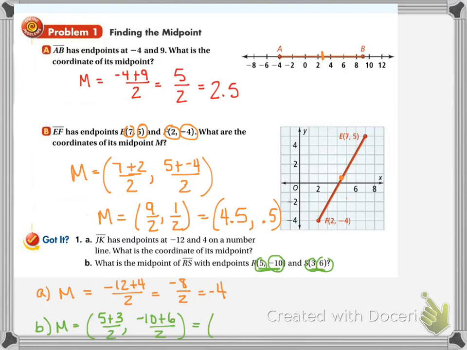So 5 plus 3 is 8, -10 plus 6 is -4, so our midpoint, 8 divided by 2 is 4, -4 divided by 2 is -2, so our midpoint is at 4, -2. So that's the gist of the midpoint formula.